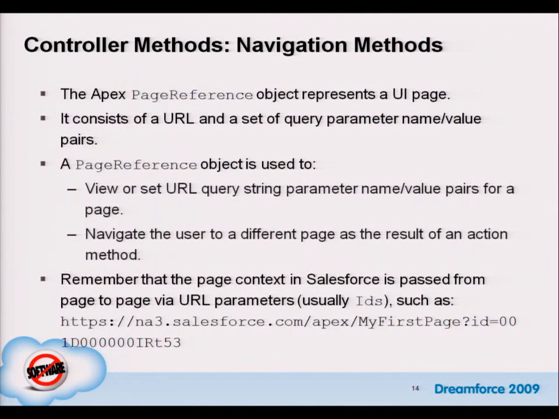And the next one is, I started saying we have two components. We have the controllers and we have the Visualforce pages. Now we can interact, right? You can enter data, I can collect the data. You can click, I can move you. Or I can just get information. If we start using the page reference object, we have the right from the controller to start interacting with the Visualforce pages, right?